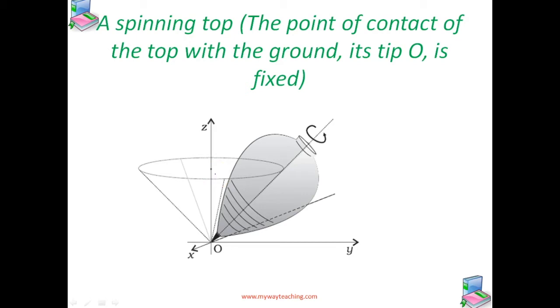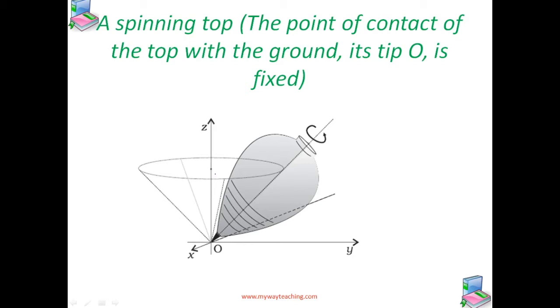We assume that the top does not slip from place to place and so does not have translational motion. We know from experience that the axis of such a spinning top moves around the vertical through its point of contact with the ground, sweeping out a cone as you can see here.